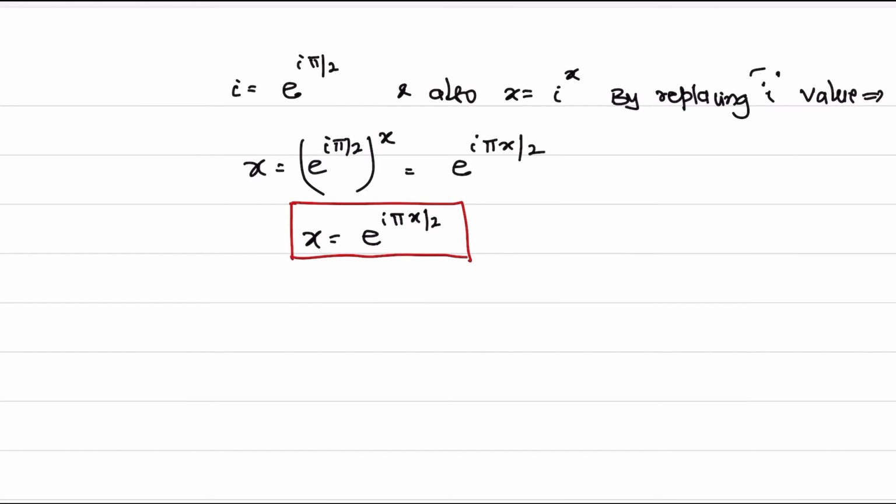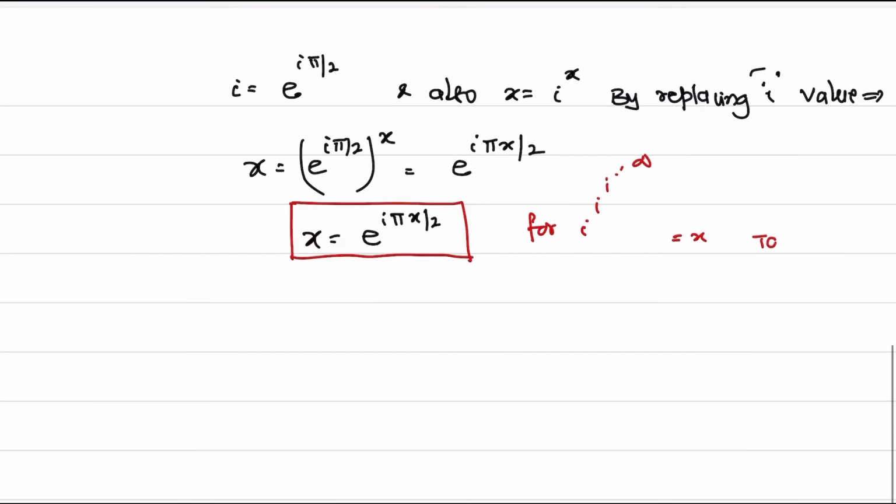When you consider I to the power of I to the power of I up to infinity, if you take this value as x, then x is equal to e to the power of I pi x by 2. Now, taking logs on both sides, what you will get?